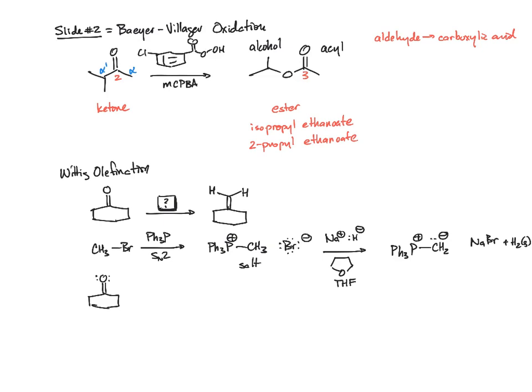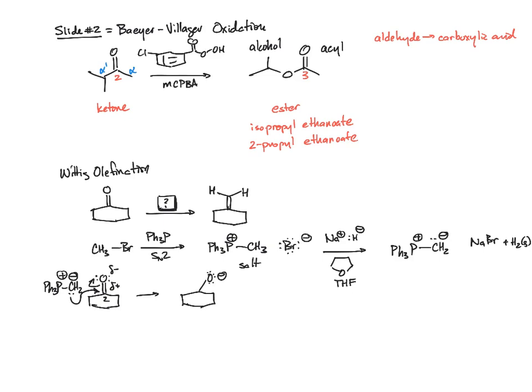A carbonyl is electrophilic due to the difference in electronegativity between the two atoms. So the nucleophile attacks the electrophilic carbon. We break the pi bond, so the oxidation state 2 at this point decreases.